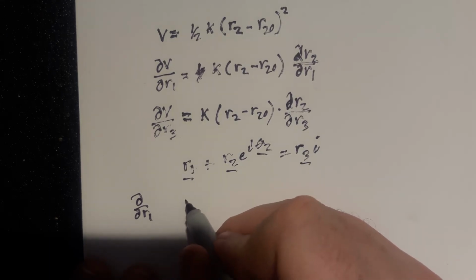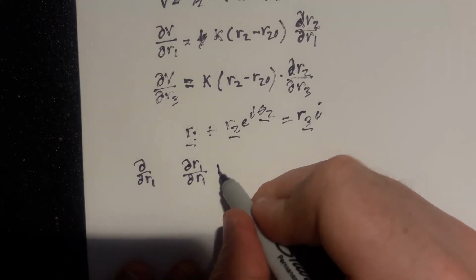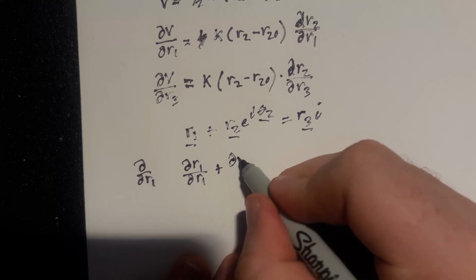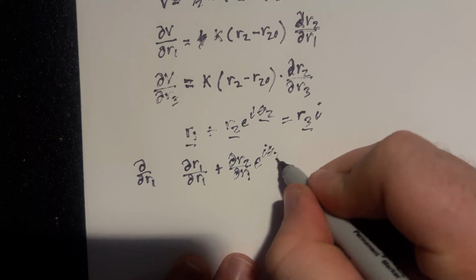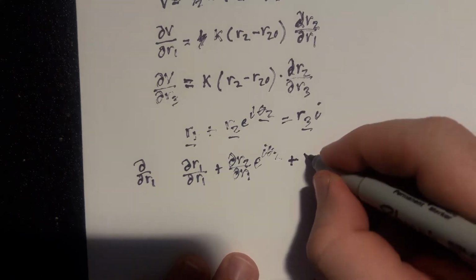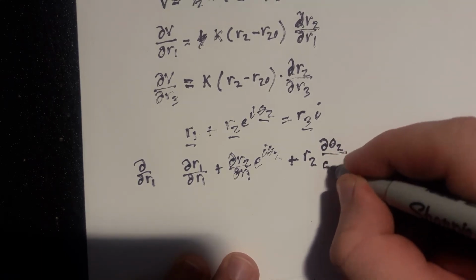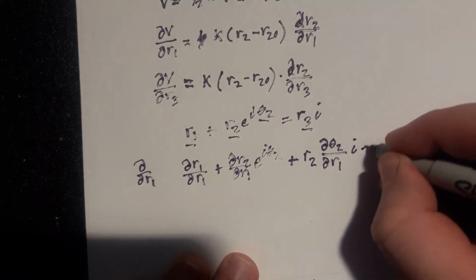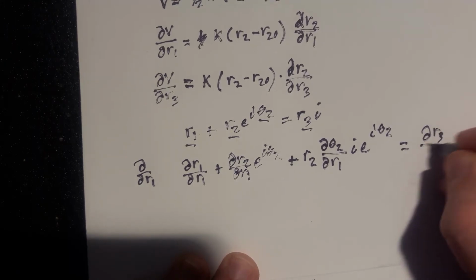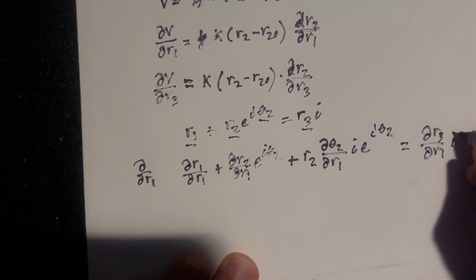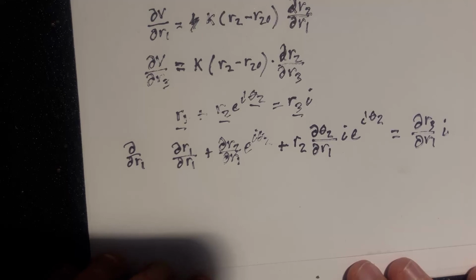Okay, and so the first thing we get is dr1 dr1 plus we'll have dr2 dr1 e to the i theta 2, and then we'll get an R2 d theta 2 dr1 i e to the i theta 2 equals dr3 dr1 i.